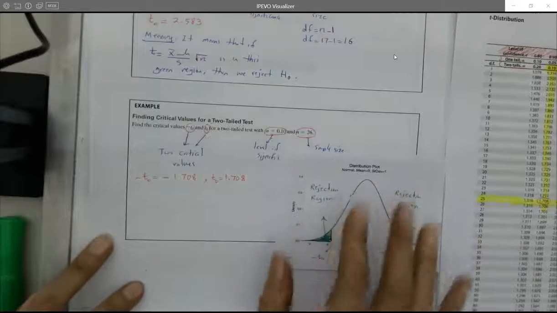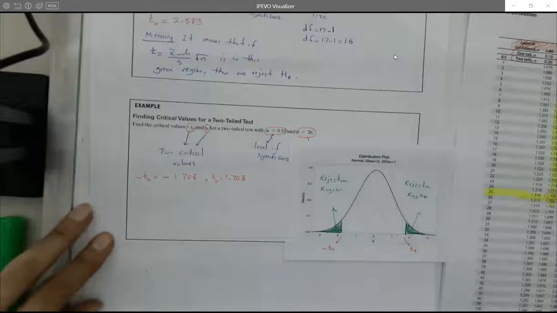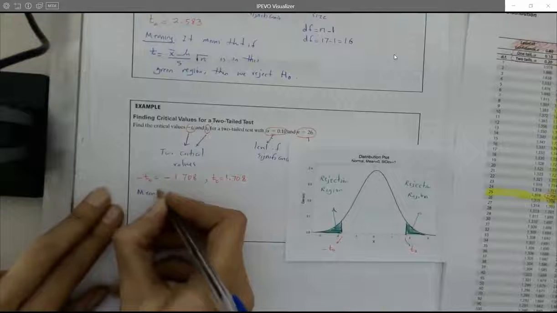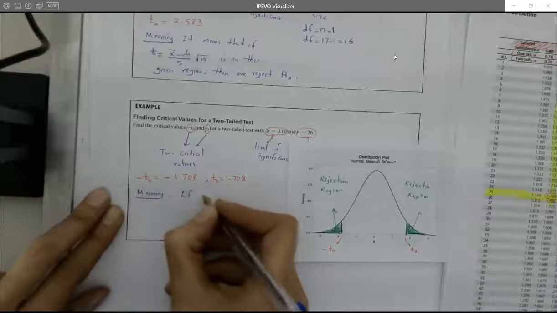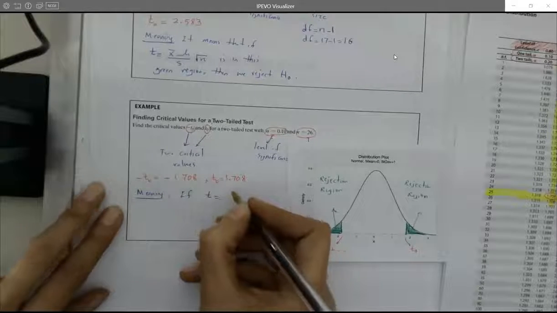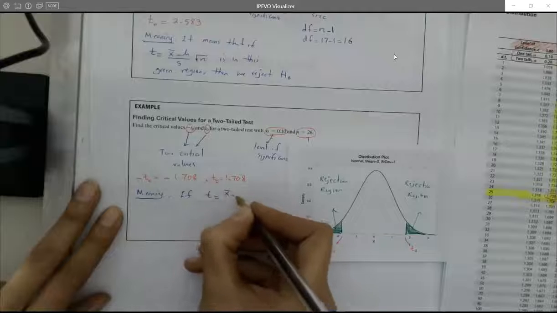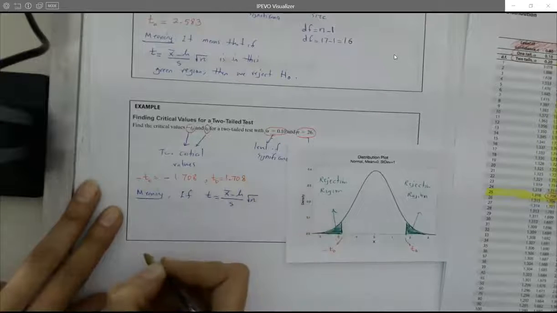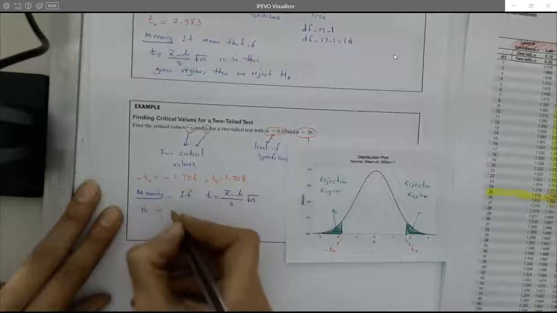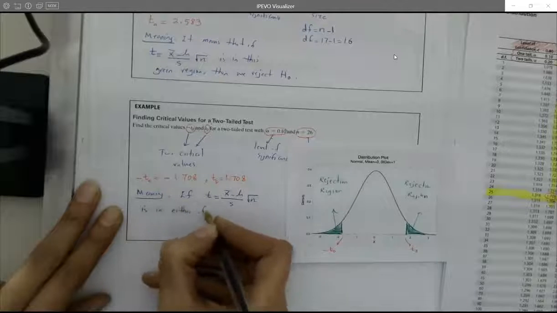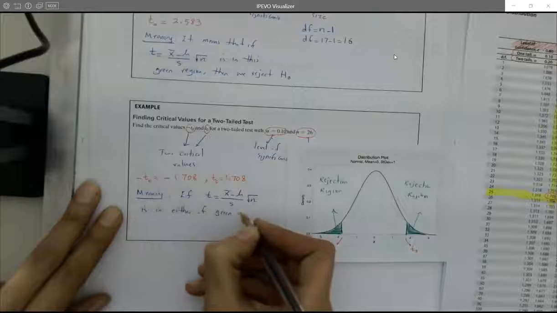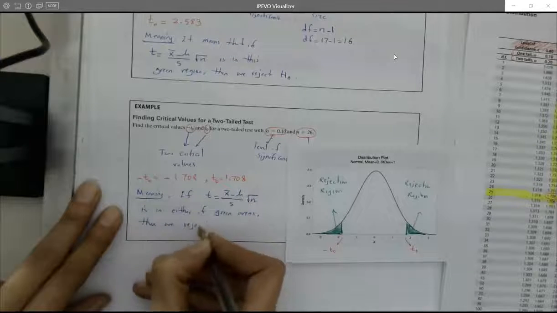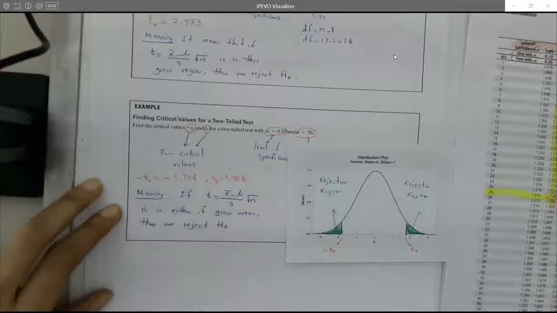It means that, the most important part, if t, which is equal to, we're going to calculate this later, x bar minus mu divided by s times square root of n, is in either of the green areas, then we reject the null hypothesis.